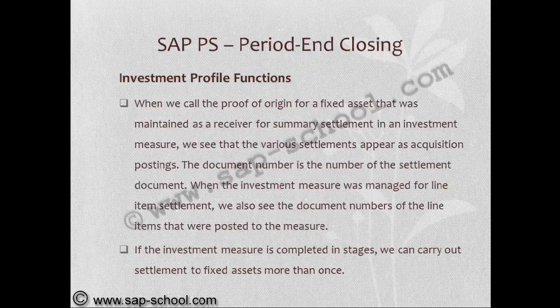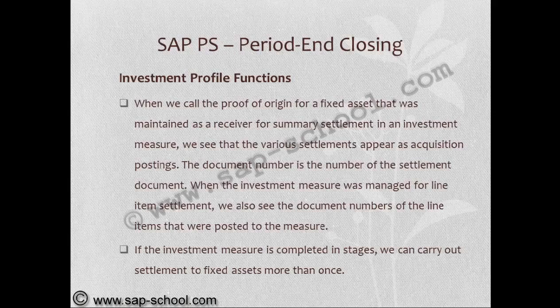When we call the proof of origin for a fixed asset that was maintained as a receiver for summary settlement in an investment measure, we see that the various settlements appear as acquisition postings. The document number is the number of the settlement document when the investment measure was managed for line item settlement.